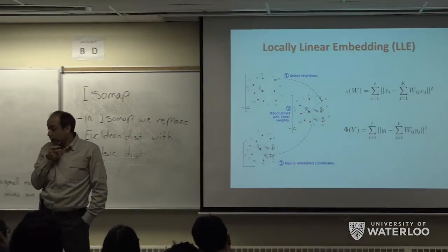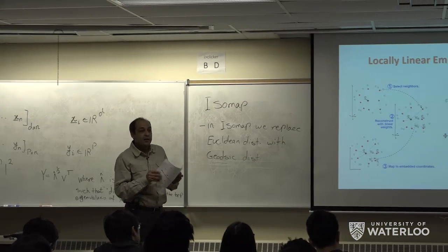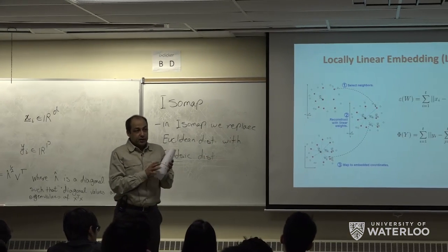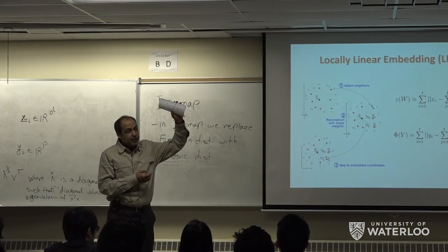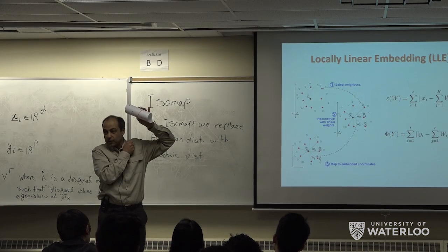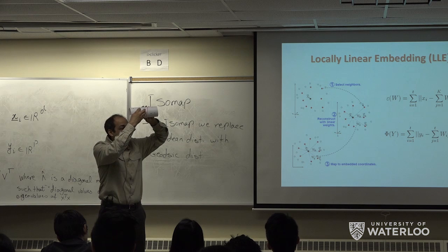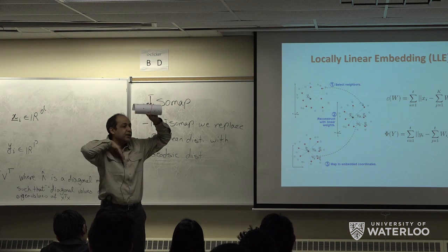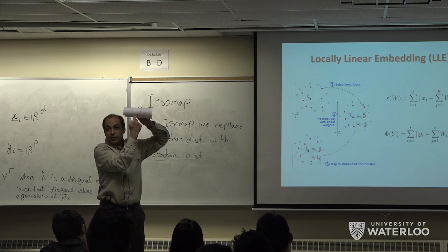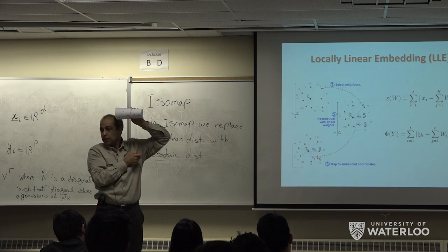The intuition comes from the fact that the geometry of the manifold locally can be captured just by linear functions. A nonlinear manifold locally looks like a linear patch. If I just look at a small area here, it is a linear patch.